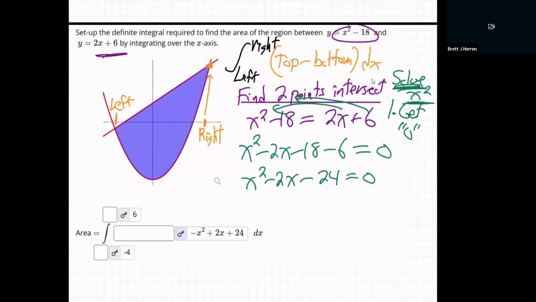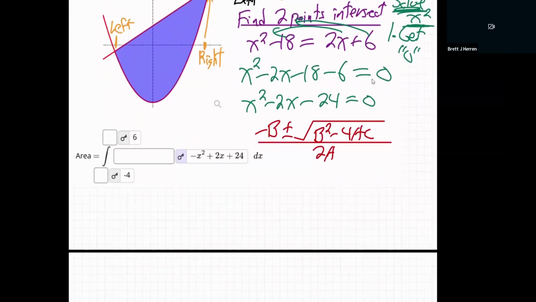I'm gonna dive right into the quadratic formula. Negative b plus or minus the square root of b squared minus 4ac, all over 2a. So what's A, B, and C?